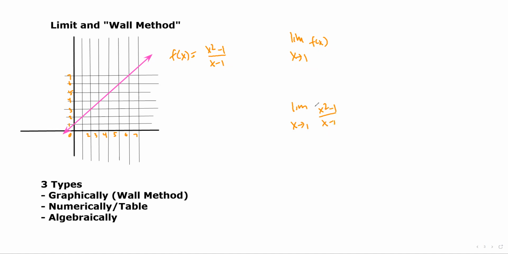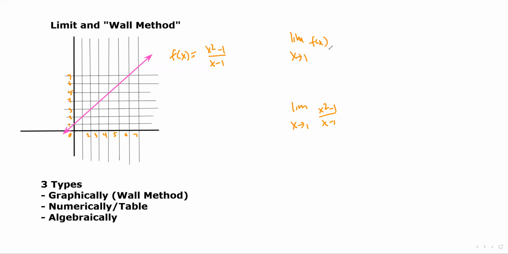So either way, I can write it in this form or in this form. In this example, I'm going to write it in this form, and for examples 2 and 3, I'll write it in this fashion.